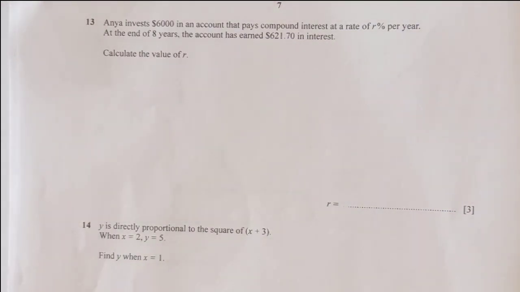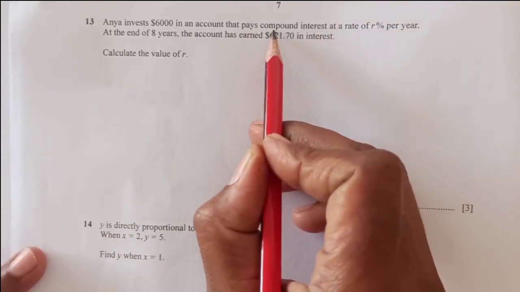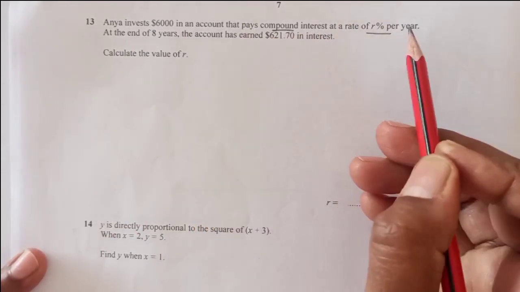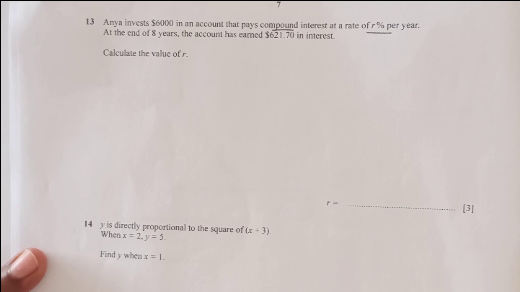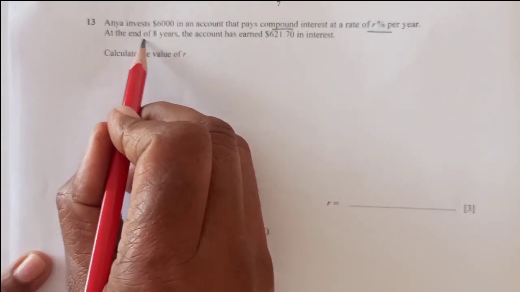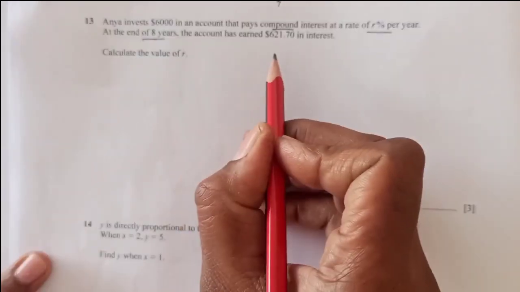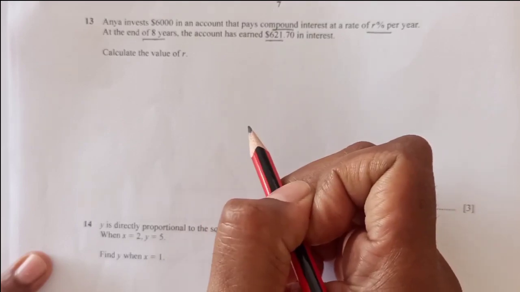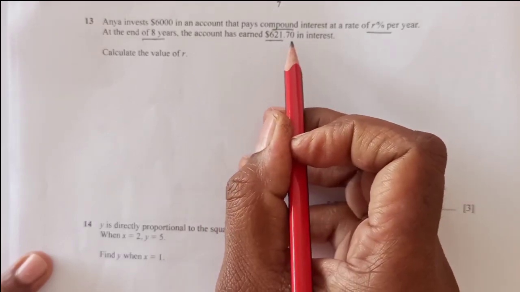So let's start. Question number 13 that we have here. Anaya invests $6,000 in an account that pays compound interest at rate of R% per year. At end of 8 years, the account has earned $621.70.